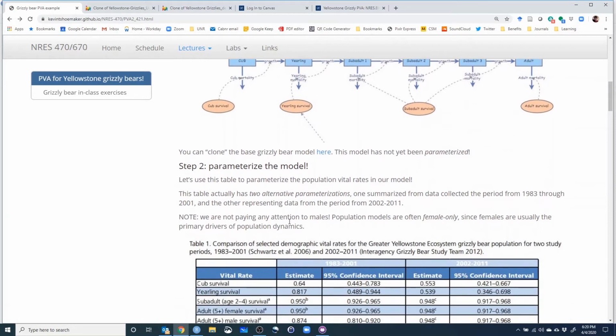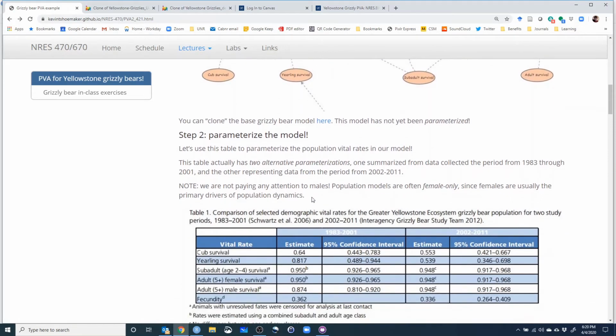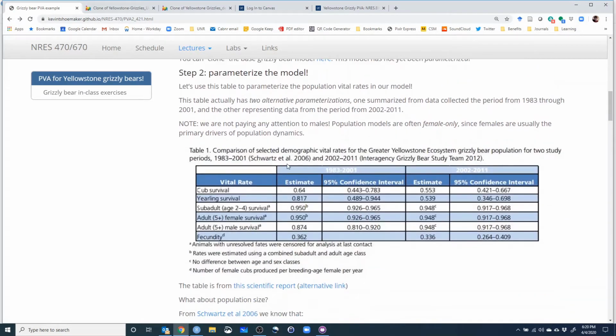Now the next step is to parameterize the model. And to do that, we're going to need to do a literature review. So what we did is I've pulled out a table for you from the literature. This is from a study, Schwartz et al., 2006.